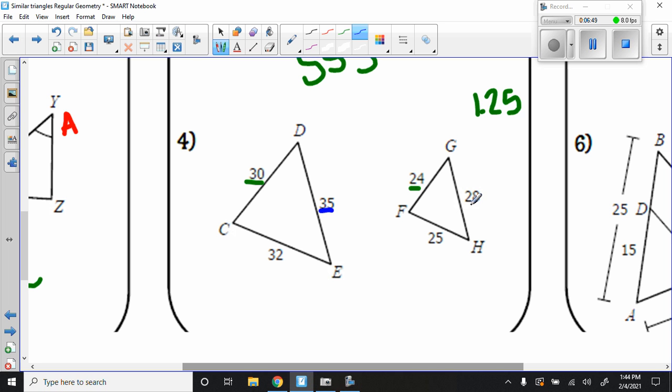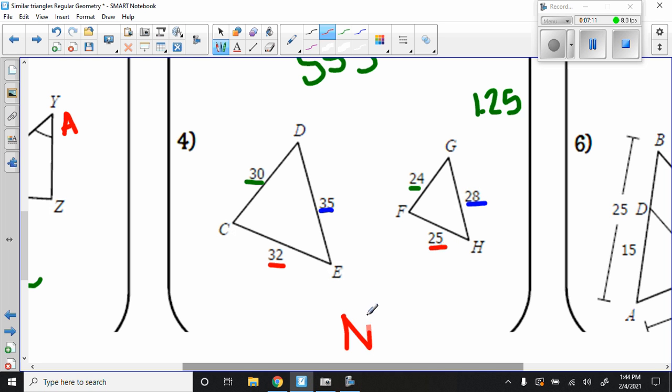These are proportional as well. Now 32 divided by 25 is 1.28. These, the green and blue, are 1.25, but the red is 1.28. That's not allowed.